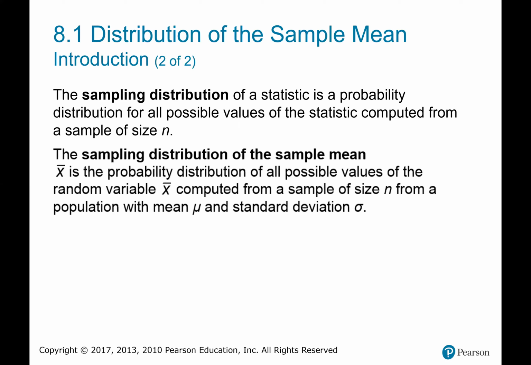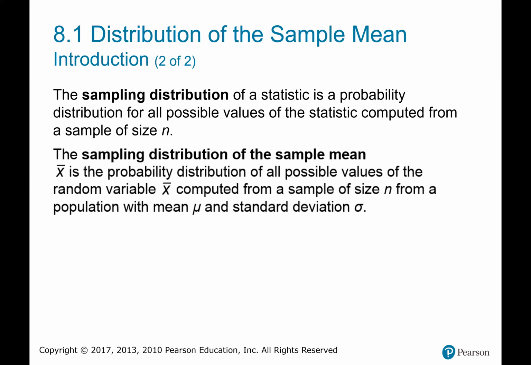So the sampling distribution of a statistic is a probability distribution for all possible values of the statistic computed from a sample of size n.